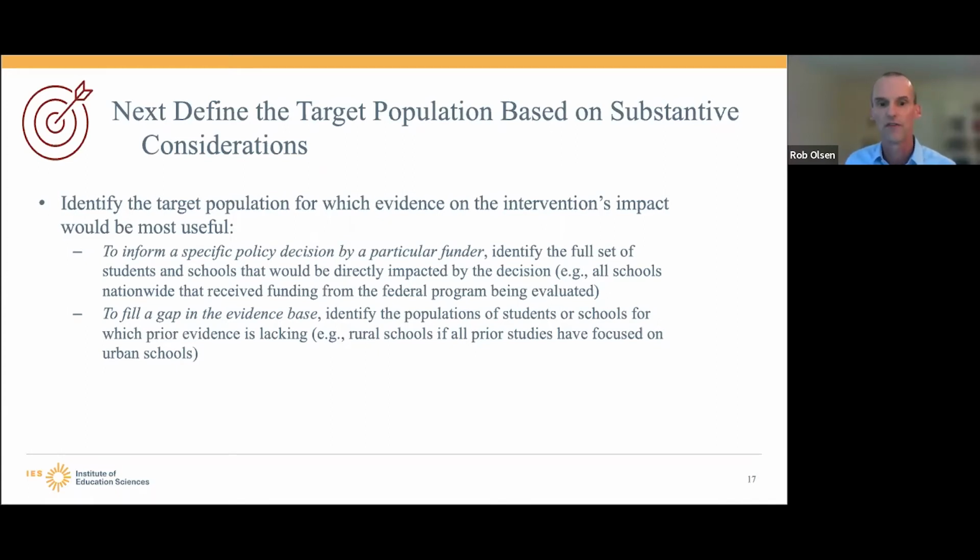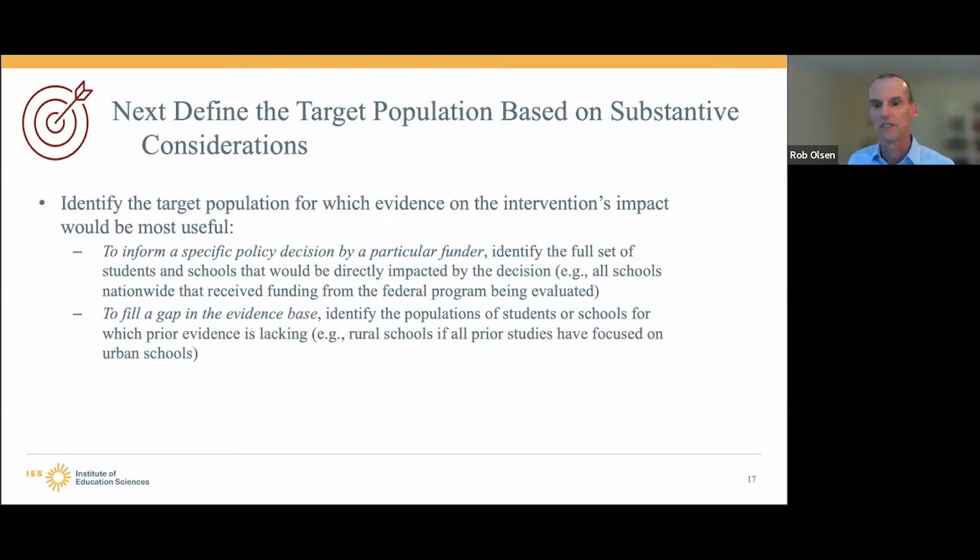For example, if a study is designed to inform decisions about whether to continue or cancel a federal or state education program, the most obvious target population would probably be all schools receiving funding from that program. On the other hand, some studies have a different purpose, a purpose to fill a gap in the evidence base in the literature.